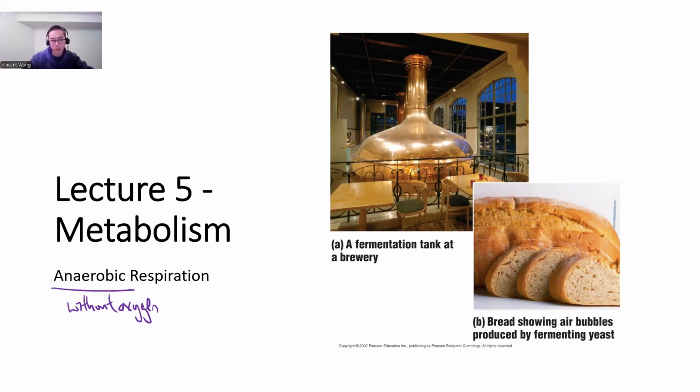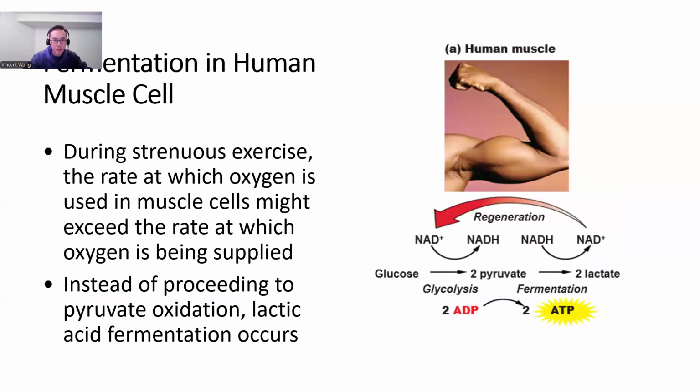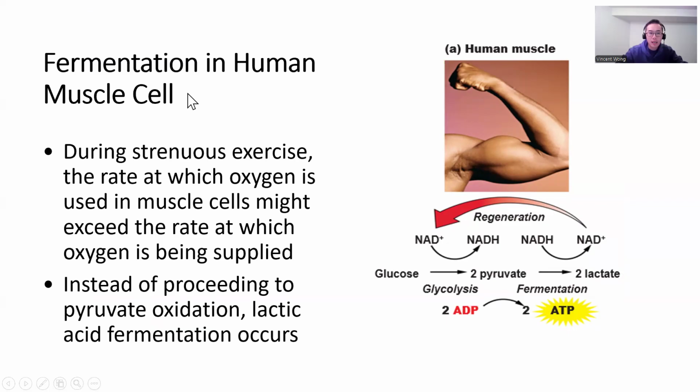And if you use yeast to bake, the fermentation process is what causes the bread to leaven, to rise. There are two kinds of fermentation. The type that happens in humans is called lactic acid fermentation.